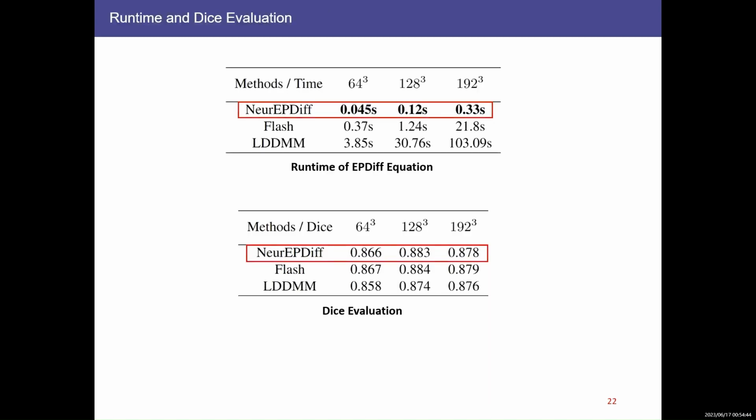This slide gives some more quantitative analysis of the results. In the top panel, we compare the runtime of solving the EPDiff equation on different scales of resolutions on a CPU machine. It shows that our NeurEPDiff gains orders of magnitude speedup compared to other baselines, while maintaining a comparable registration accuracy evaluated through the average dice on the bottom panel.